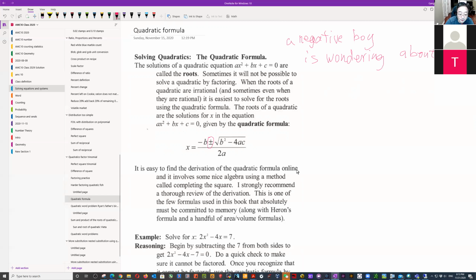A negative y is just negative b. Is wondering about going to a radical party. A radical party is just the radical sign, the square root sign. Radical party, and then inside the party.